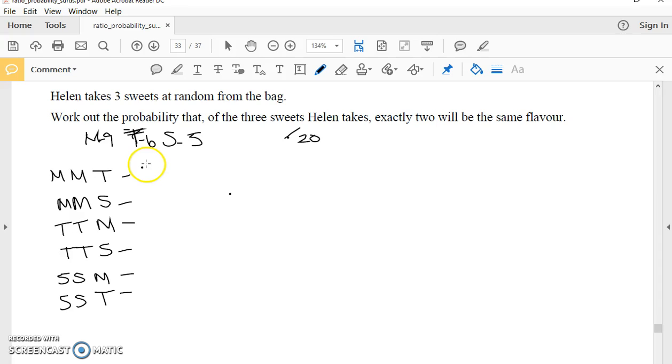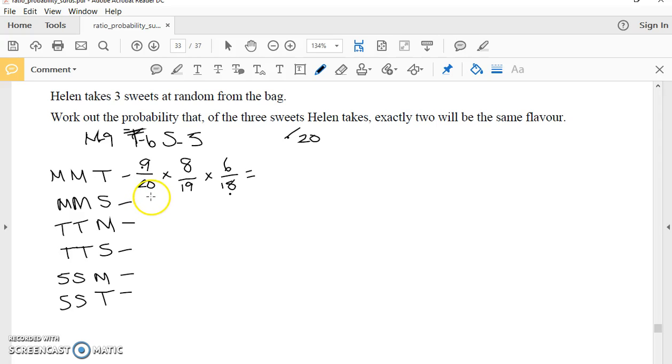So mints, we've got 9 out of 20 times 8 out of 19, because I've taken one of those mints out, times toffee, we've got 6 out of 18. That's going to be my first one.